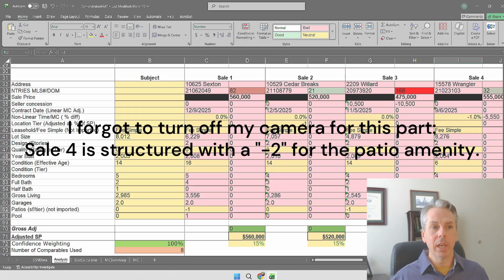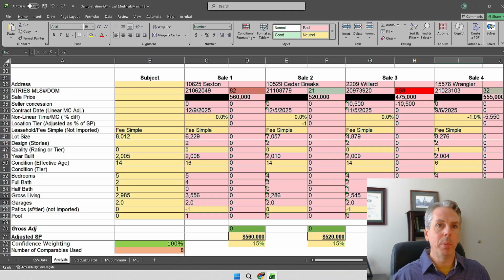I need to recognize that there are some implications in structuring. What I'm saying is that the difference between the subject's extended patio and a standard patio, and a standard patio and an uncovered patio, is an even interval. I may not want to structure it that way.